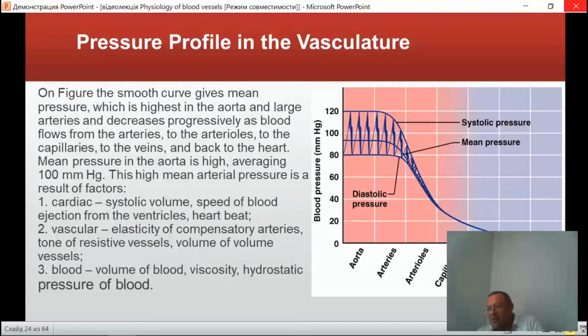Vascular factors, the condition of vessels, with elasticity of compensatory arteries, tone of resistive vessels, and volume of capacitance vessels. And the last factor is blood factors: volume of blood, viscosity of blood, and hydrostatic pressure of blood.